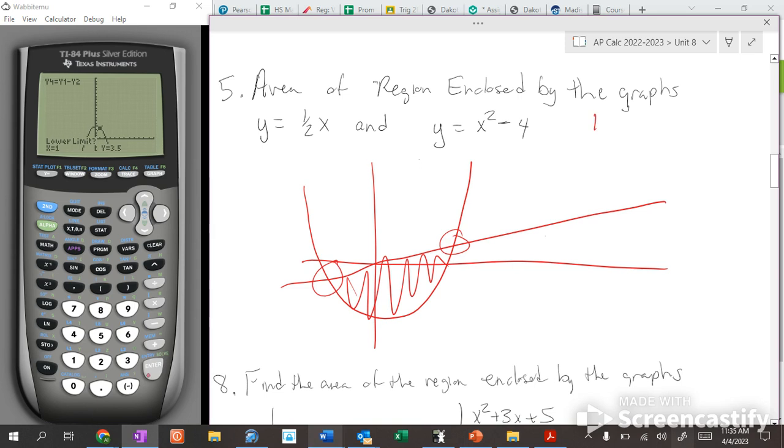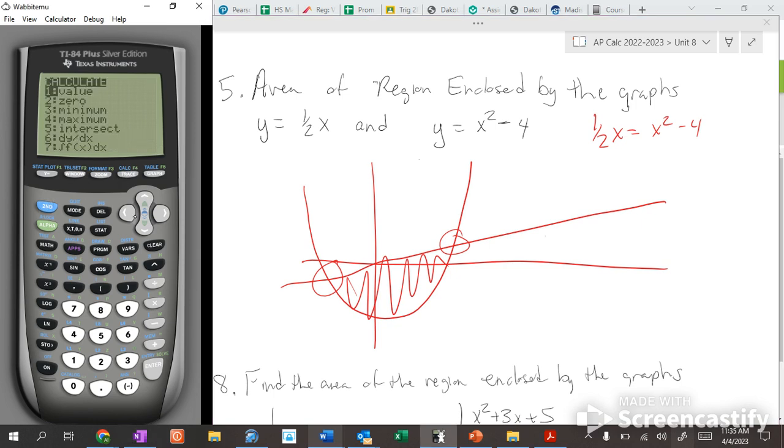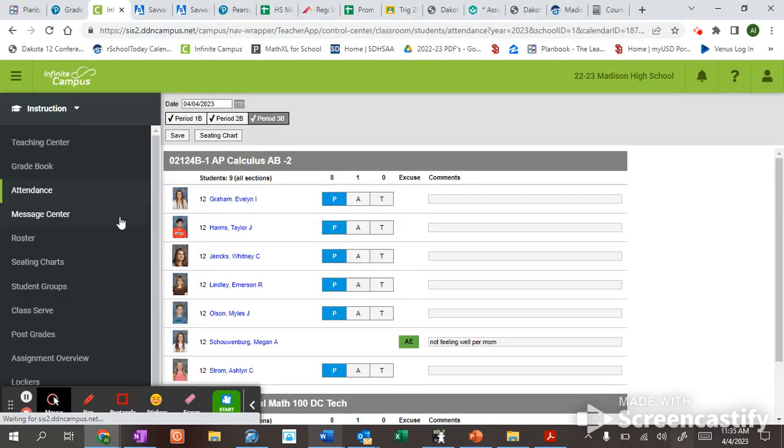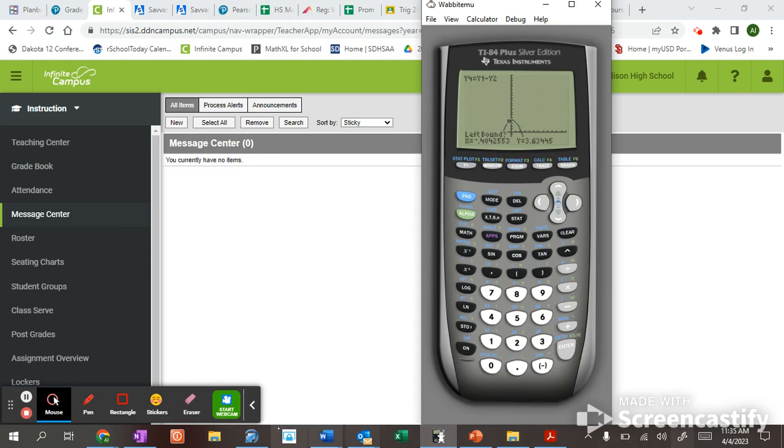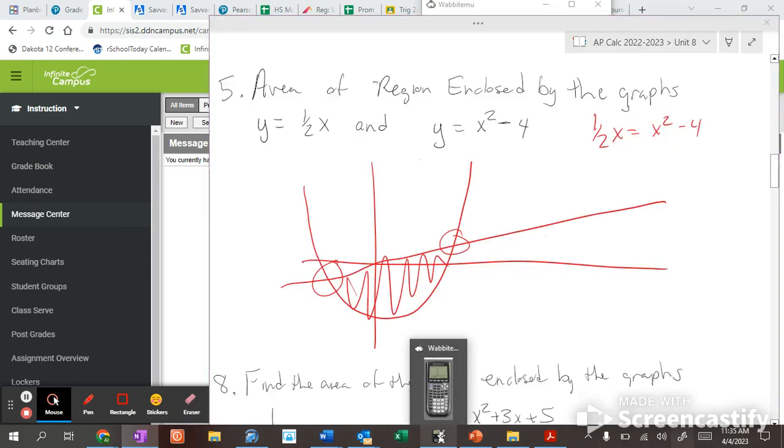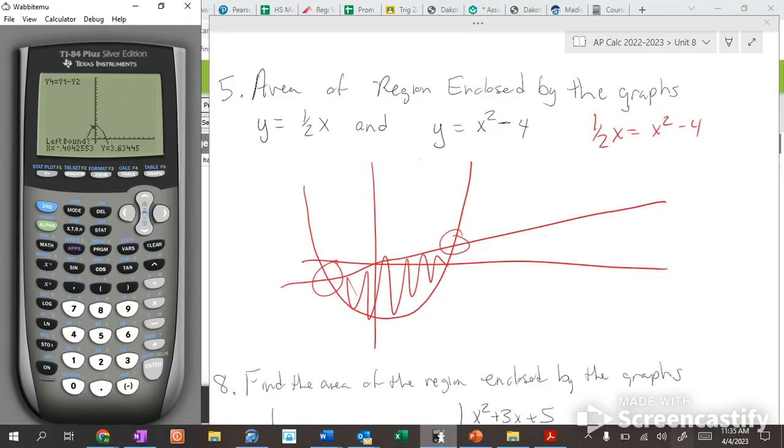Well, you set 1/2 x equal to x squared minus 4. Oh, that's not going to be very nice, is it? What should I do? Go back and grab the past two. No. What do you mean no? I could find the 0 of this function. Yes, Miles, you could go back and graph the last two and figure out where they intersect.